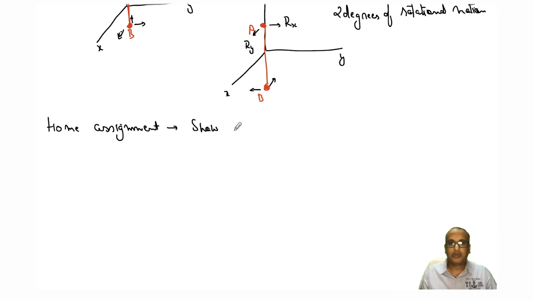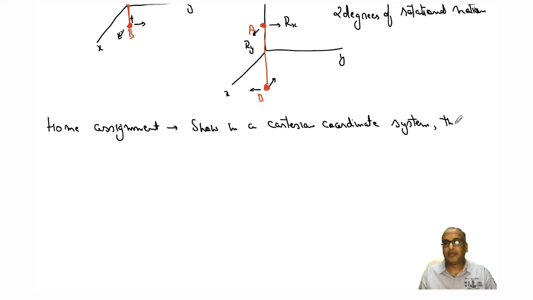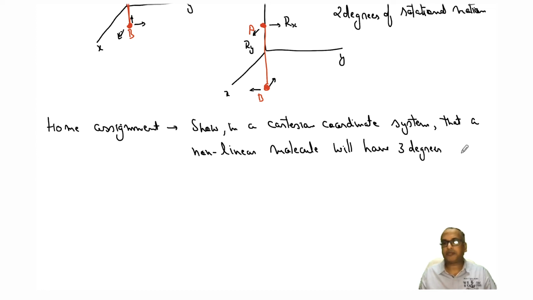Show in a Cartesian coordinate system that a nonlinear molecule will have 3 degrees of rotation.